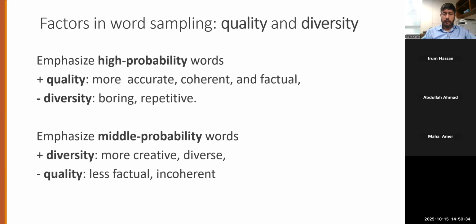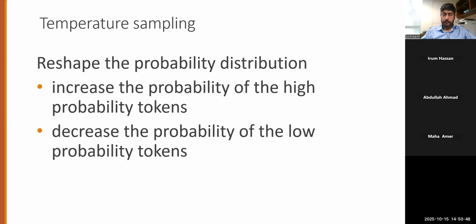So we want to emphasize high probability words, but also we want to maintain some diversity. So these are the two things that we need to balance. The more common approach that is used, especially for generative AI, is temperature sampling.